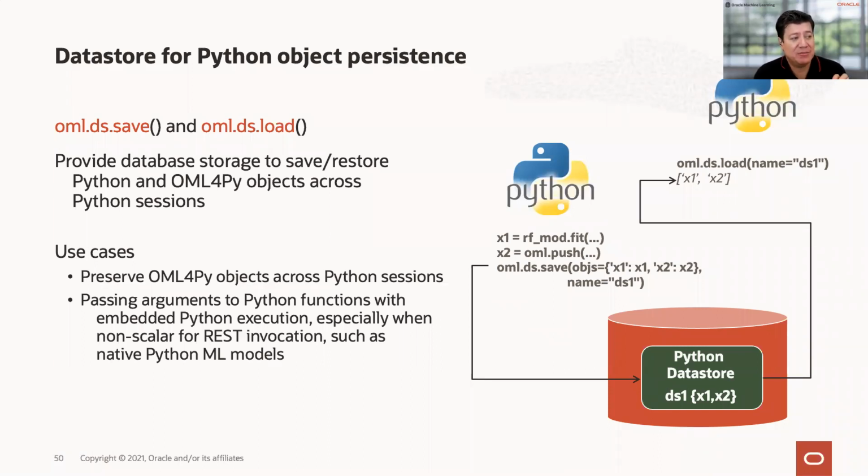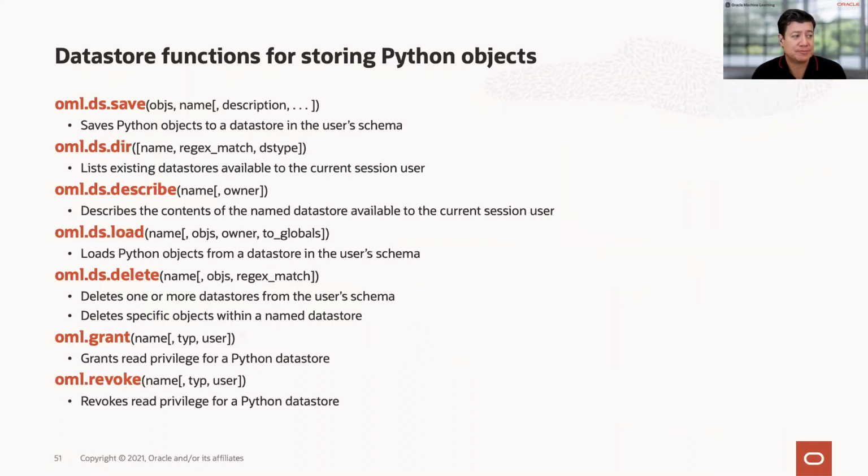And then you can actually recall those objects and run them later on, right? And the good thing is you can run them not only from Python, you can at that point bring them over into an Oracle REST API, for example. So these are the functions: you have save, describe, load, delete, grant, and revoke on the data stores themselves.